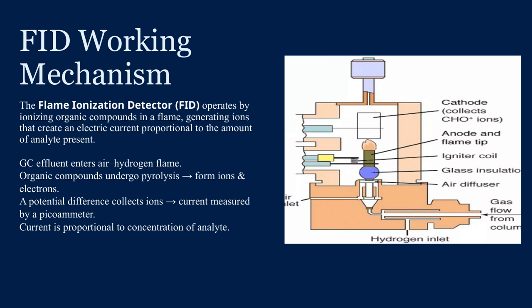This proportionality is what makes FID so powerful for quantifying organic substances. As the concentration of analyte increases, the ion production increases, leading to a higher current that we can precisely measure. So, in essence, the FID converts the combustion of organic compounds into an electrical signal that tells us exactly how much of each compound is present.